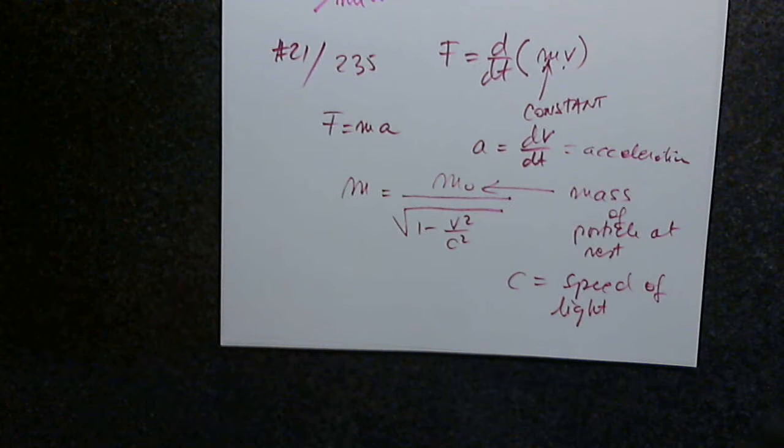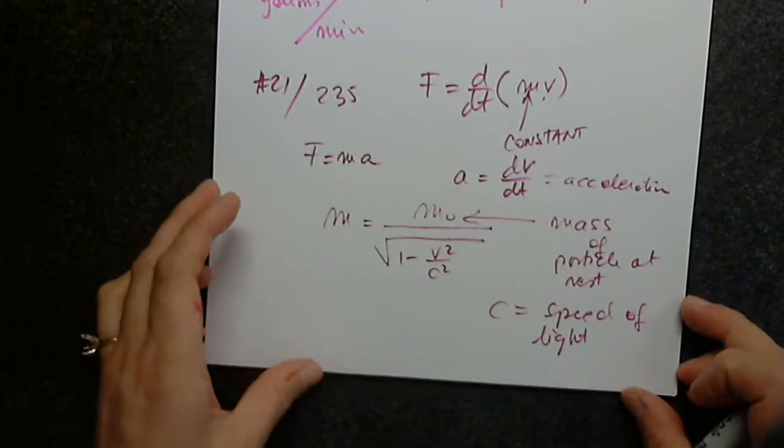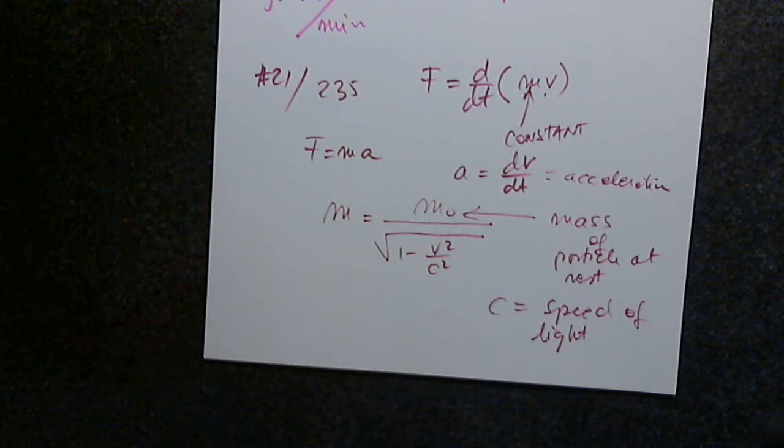Just find F. That's what they're asking us to do. Let's read the problem one more time and make sure we took everything into account, and then we will try to determine F.